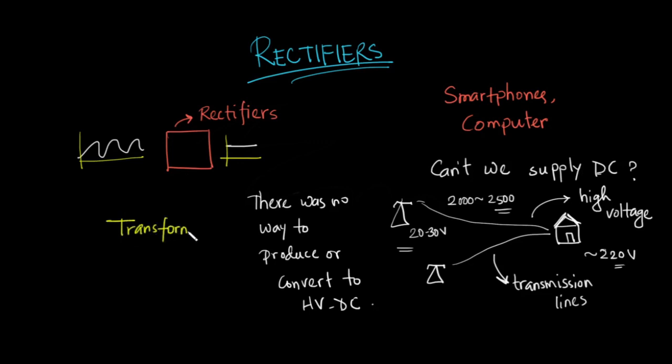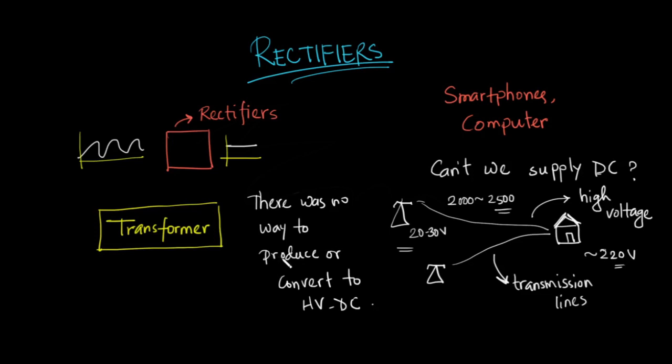Because of the existence of this simple device, all of our power generation and power transmission equipment were laid out in AC. If there was any analogous technology for DC voltages, perhaps we would be using DC now for transmission, but they didn't have that technology at that time.